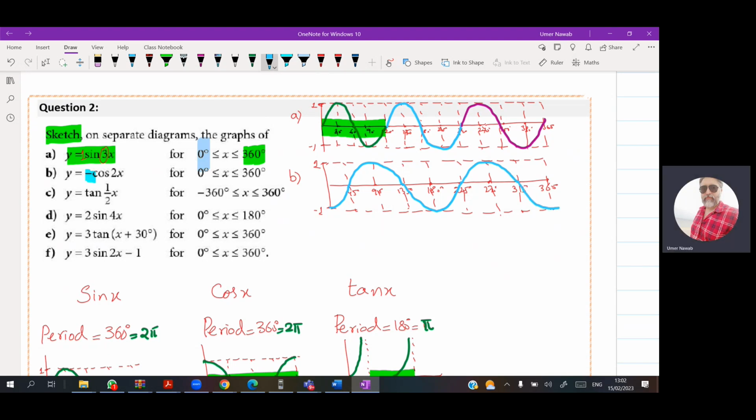So imagine, the 2 cycles I can easily see from 0 to 360 degrees. That's why my period is 180. And my step, surprisingly, is from 0 to 45. So step in the calculator, if you want to write it, your step is 45 degrees. And here my step is 30 degrees. The 2 questions are done by me.